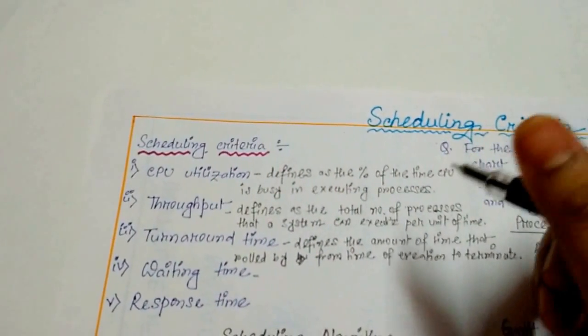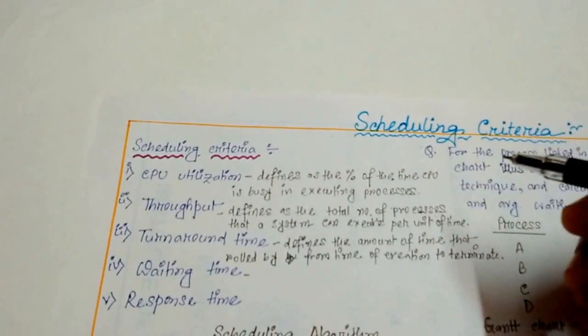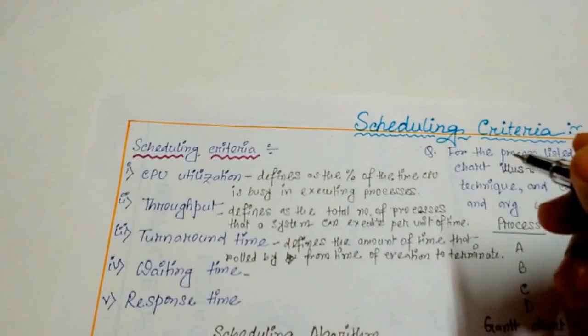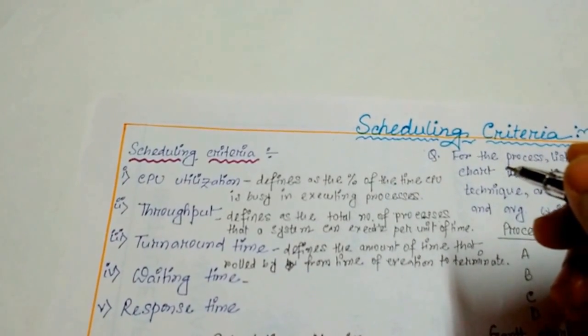Waiting time is defined as the time used up by a process while waiting in the ready queue.